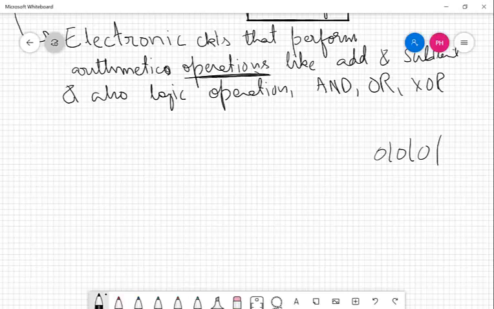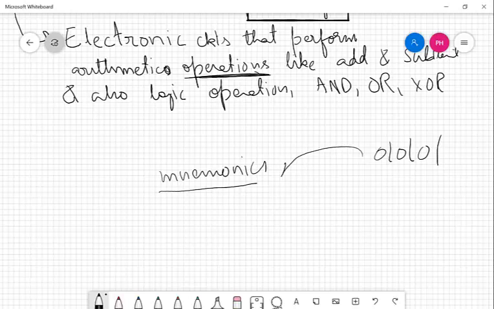But since writing these instructions is very tedious for a programmer, for a human being, we created mnemonics for each of these instructions. A separate mnemonic is there for add, a separate mnemonic is there for increment, and these mnemonics are symbolic codes in English language and easier to remember.